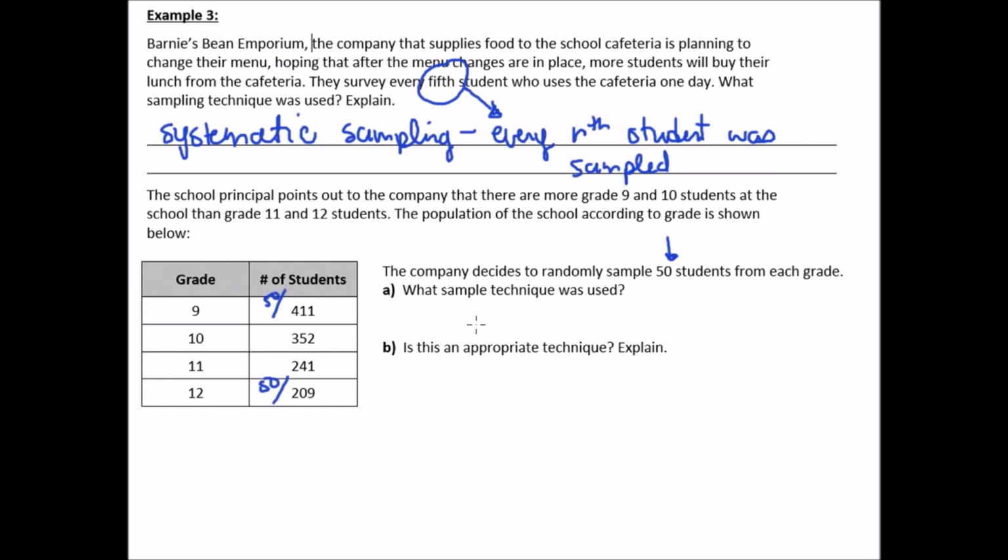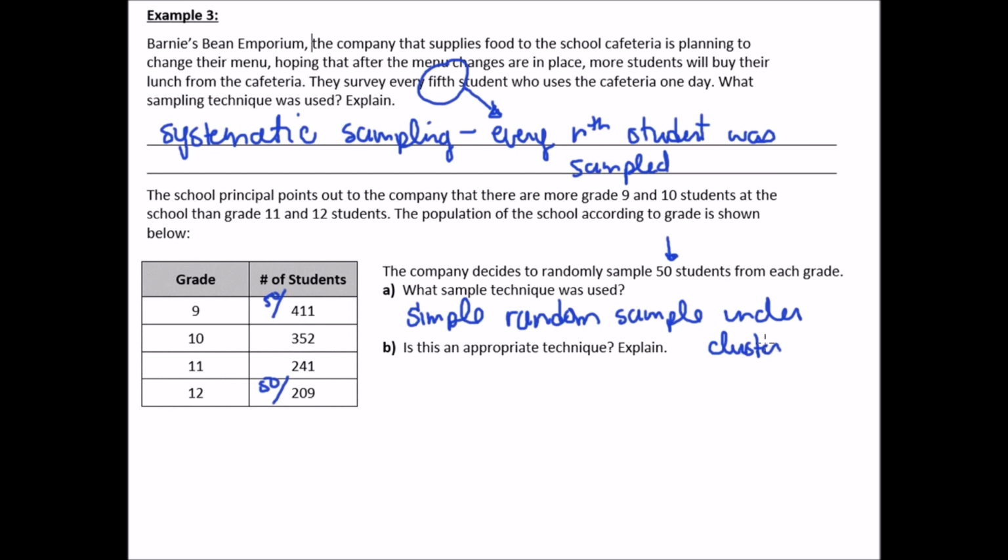Okay, so I would say that this is simple random sampling, because what they would do is they would simply randomly sample each of the grades, but it would be under cluster sample.